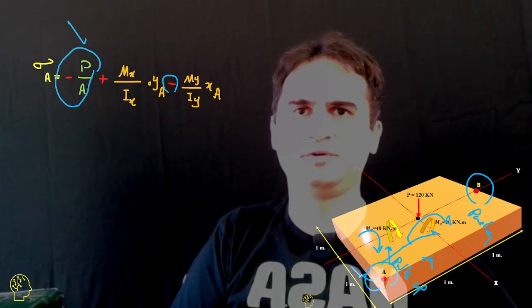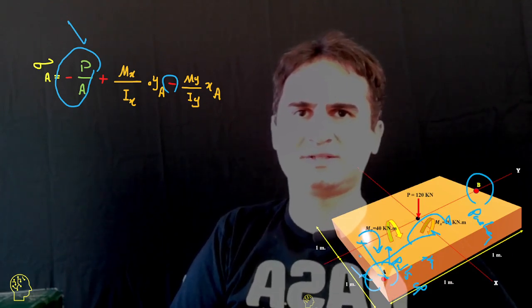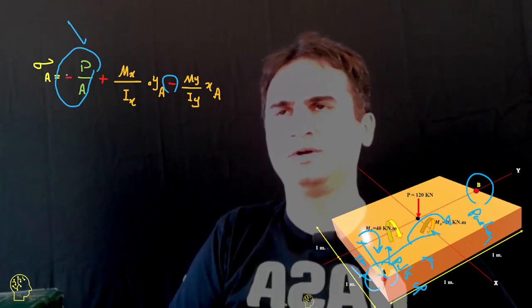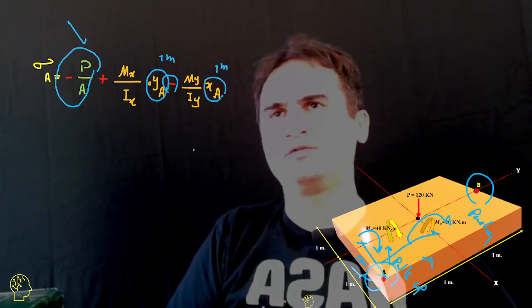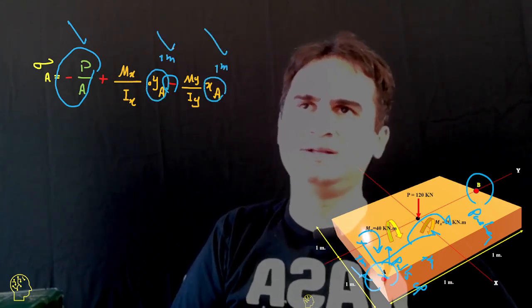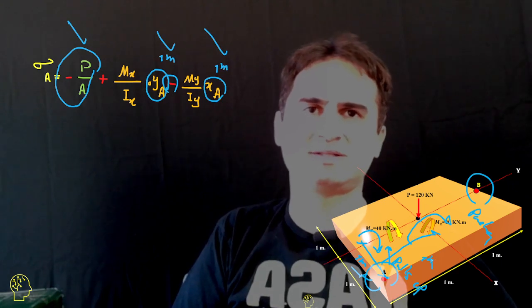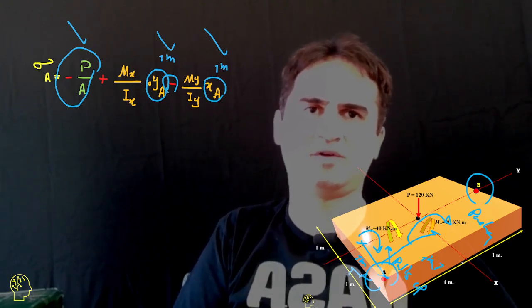We have to travel 1 meter to get the stresses. All distances are the same in both directions, because it's a square and half of the length is 1 meter at each side.